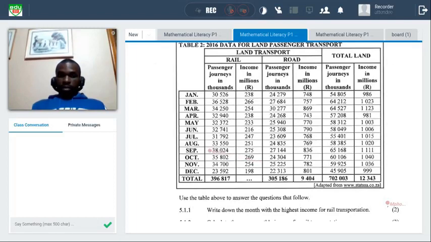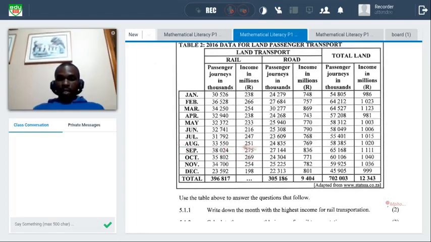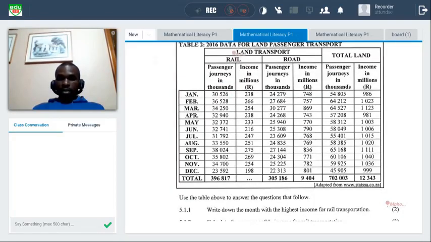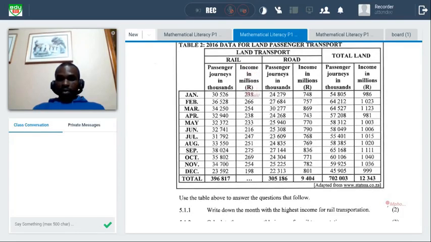The next question, 5.1.1. Write down the month with the highest income for rail transportation. We come to the rail transportation here, to the income, where we look for the highest. You can see 238, 266, 255, 251, 275.